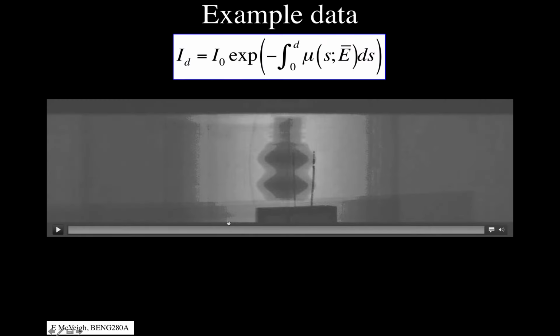This is the raw data extracted from the scanner for that object. This is actually I D. Where you have a lot of X-ray attenuation, you see a lower I D value, and in the background area, you see a higher I D value.